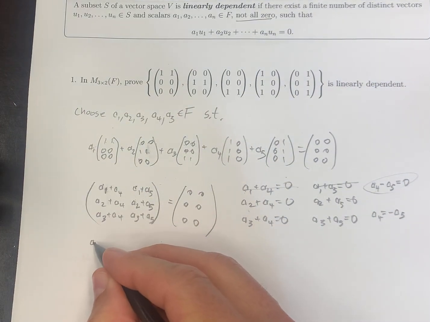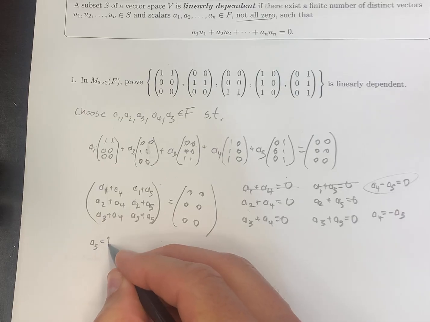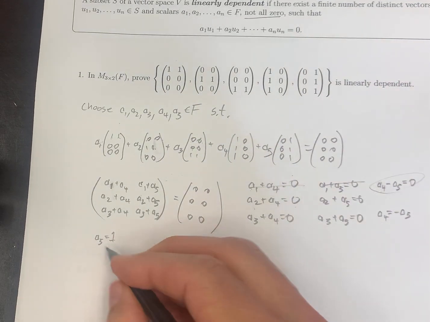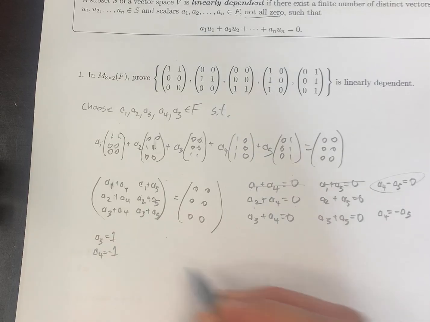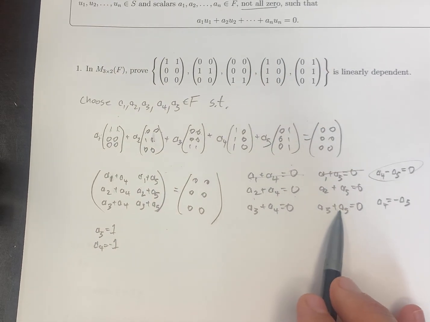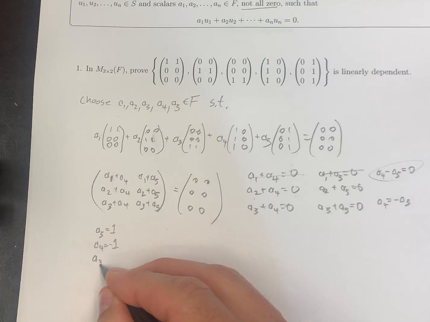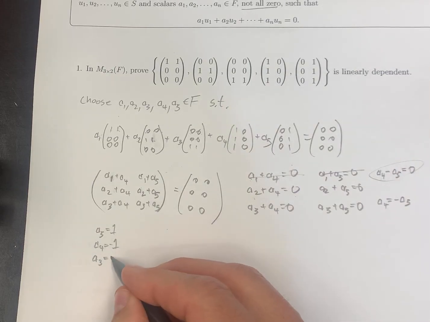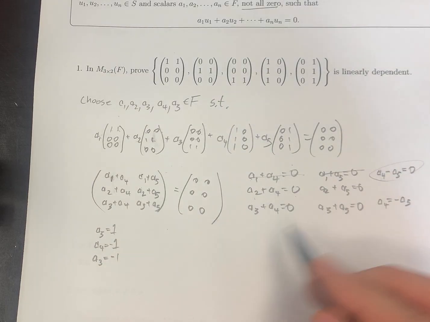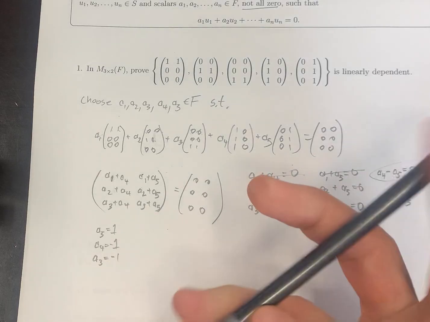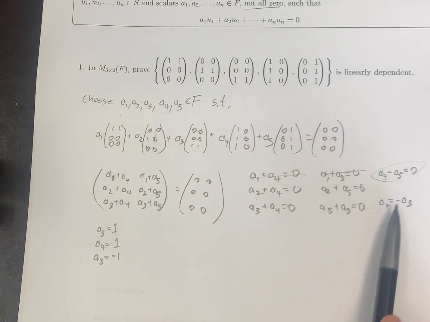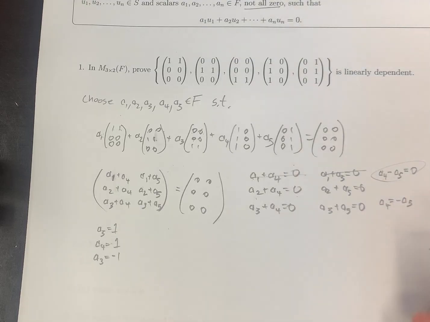If a5 were equal to 1, say, then a4 has to equal negative 1, right? a3, looking at this equation, has to be negative 1. a4 has to be 1 because I added that to the other side.